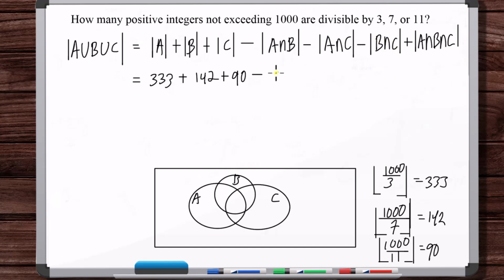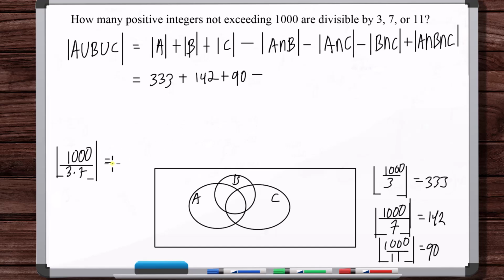We can just say that the numbers from 1 to 1,000 that are divisible by both 3 and 7 are found by taking the floor function of 1,000 divided by 3 times 7. That works because they're relatively prime, meaning they don't share any of the same factors. Like 8 and 15 are relatively prime. So you could check this between these two.